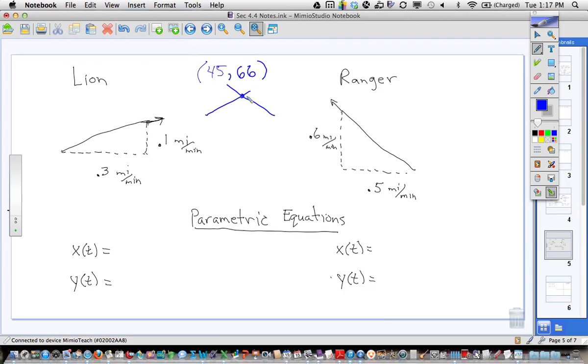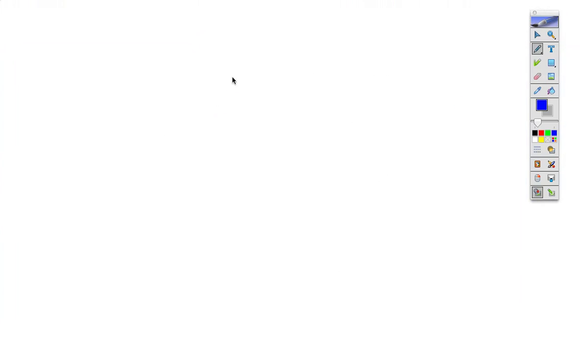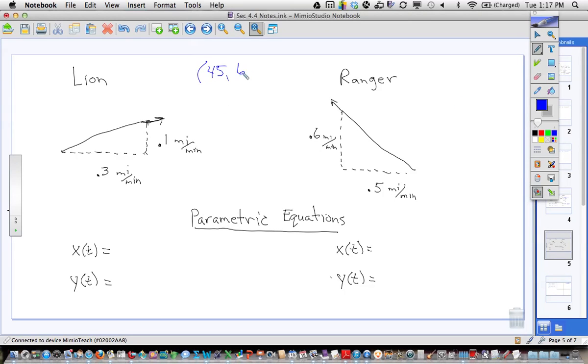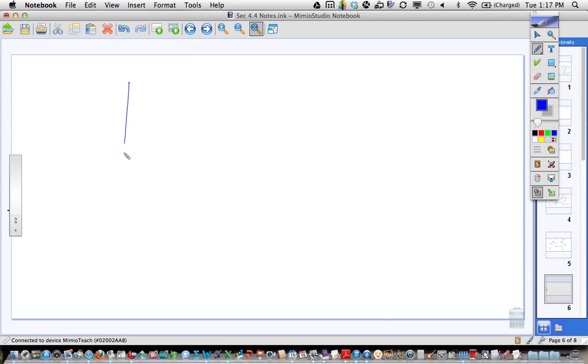down at the bottom, if we were to take, let me get a new page here. So basically we have this. All right, so the Ranger started down here at the point 100, 0. Okay? And then he headed up this direction.